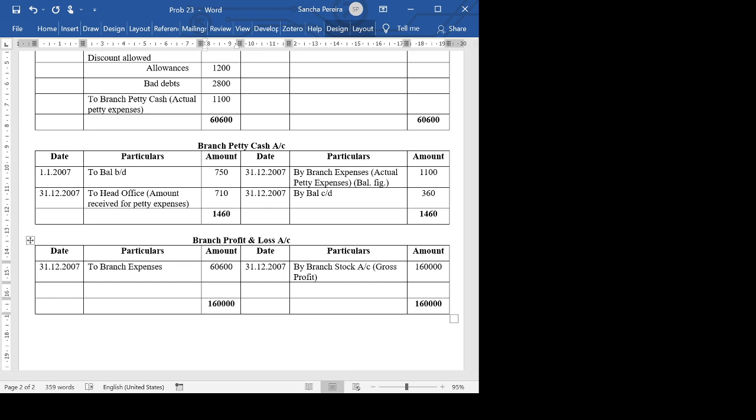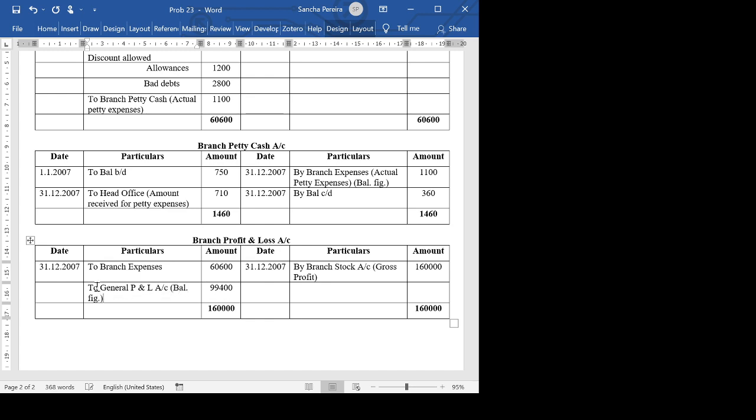So this will come to 99,400. This is the to general profit and loss balancing figure. Okay, so this is the final net profit.